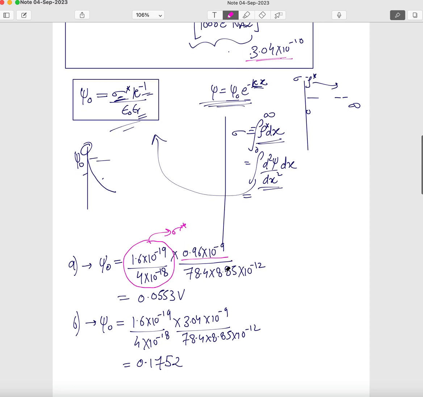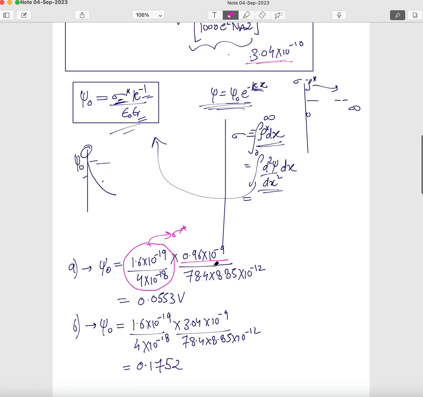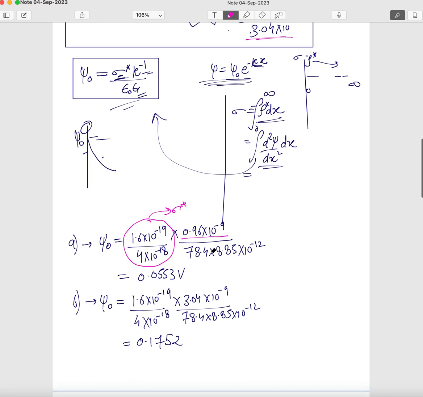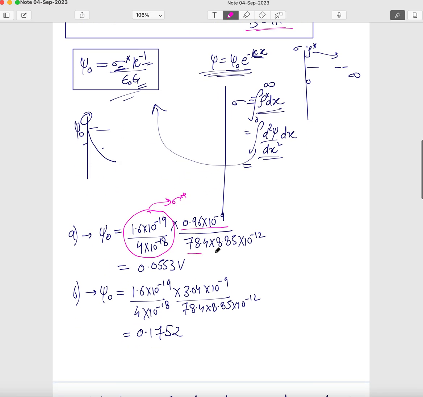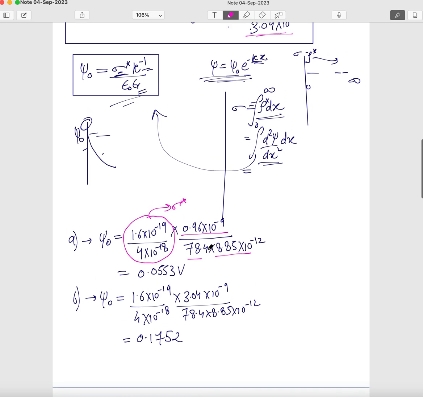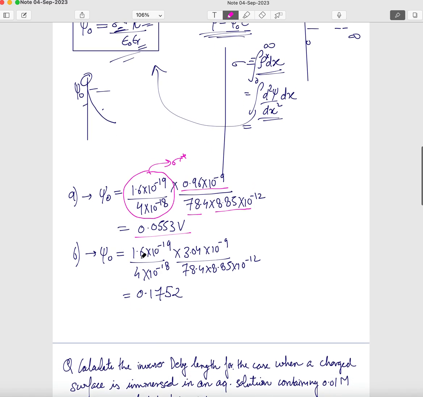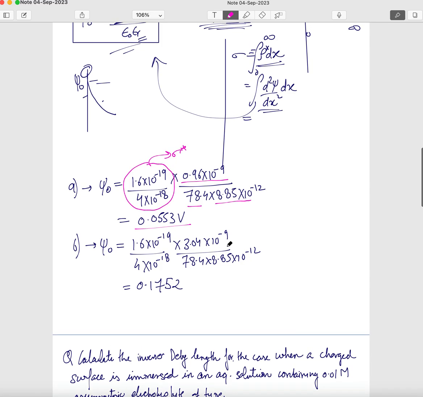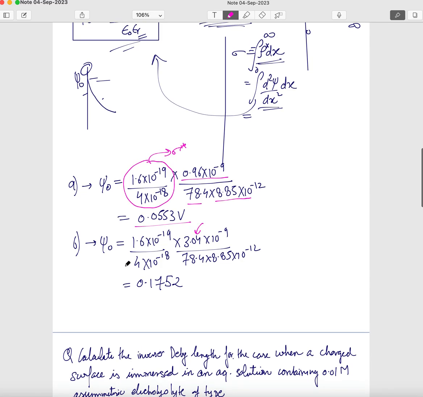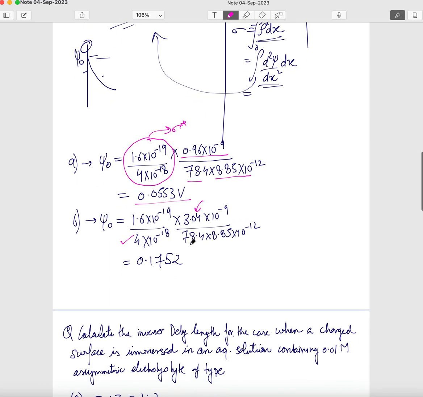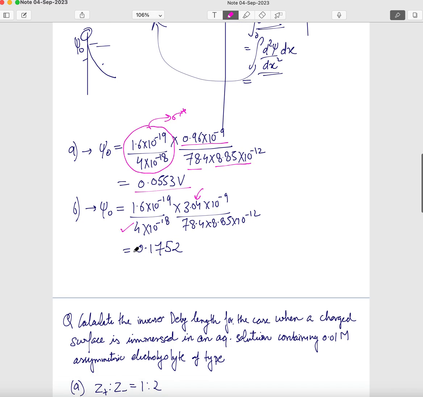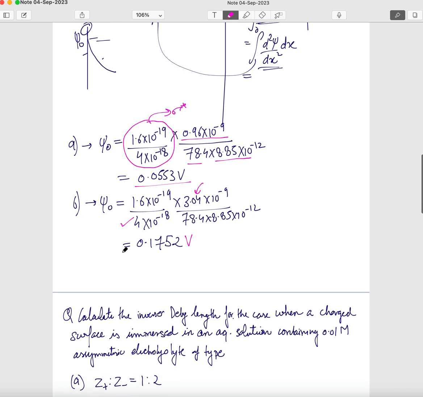This we have calculated already. Then 78.4, and 8.85 is the epsilon naught, and what we get is this. Now for the second case, the only thing that changed is kappa inverse, and the surface charge density remains the same for the same plate. The solution has changed because the molarity changed, so the Debye length changed, and so we calculate psi naught to be this many volts.